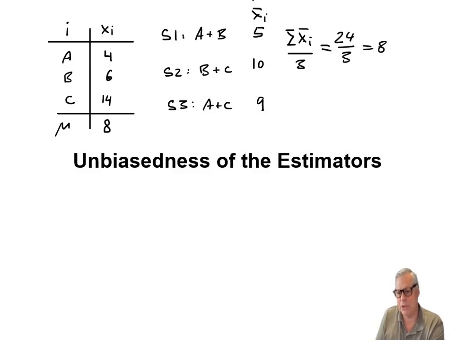So the average of all possible sample means is equal to the population parameter, and whenever that condition holds for a statistic, then we call the estimator unbiased. And the mean is an unbiased estimator. What I want to show you next is that the sample regression intercept and sample regression slope coefficient are unbiased too.